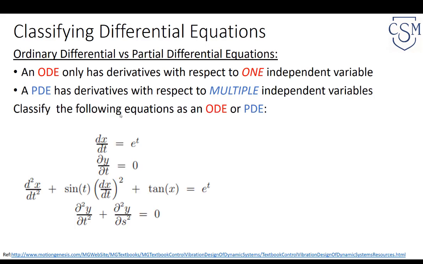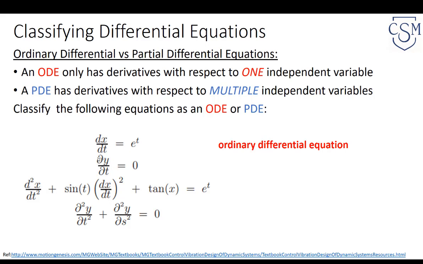So take a second and classify the following four equations as ODEs or PDEs. The first equation is the derivative of x with respect to time is equal to e to the t. This is an ordinary differential equation because we only have a derivative with respect to one independent variable.